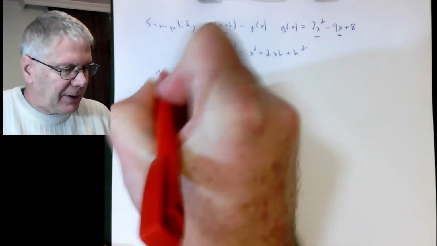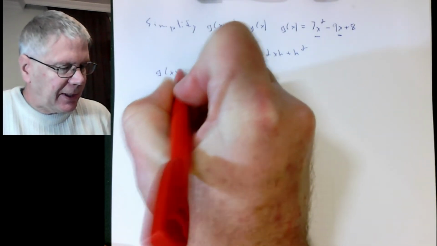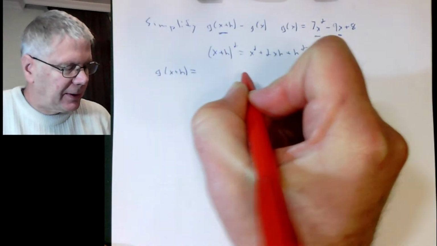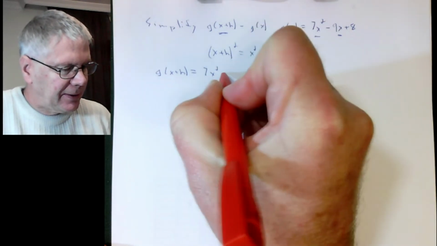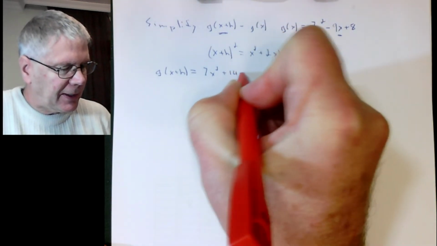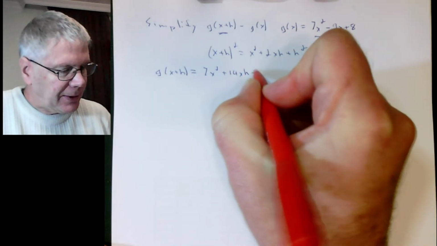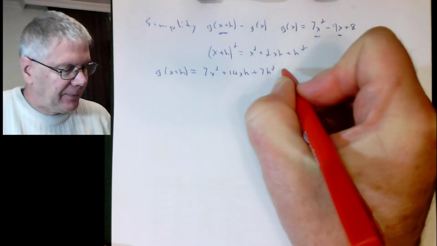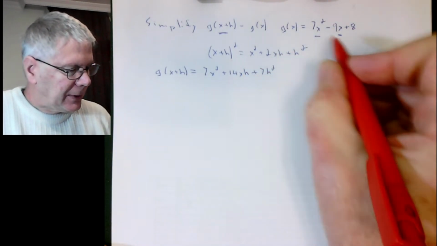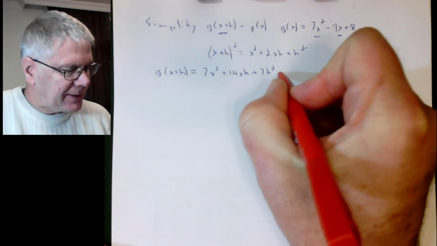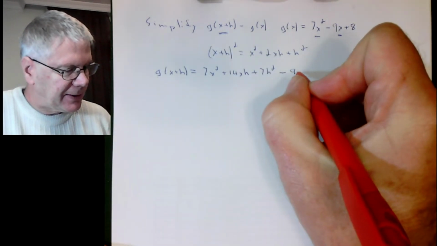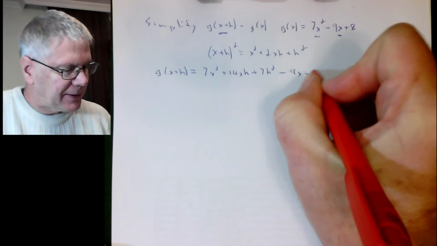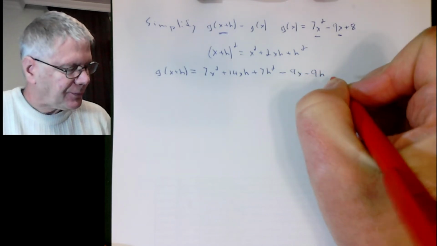So we have g of x plus h is going to be 7 times this, so 7x squared plus 14xh plus 7h squared, minus 9 times x plus h, which is minus 9x minus 9h.